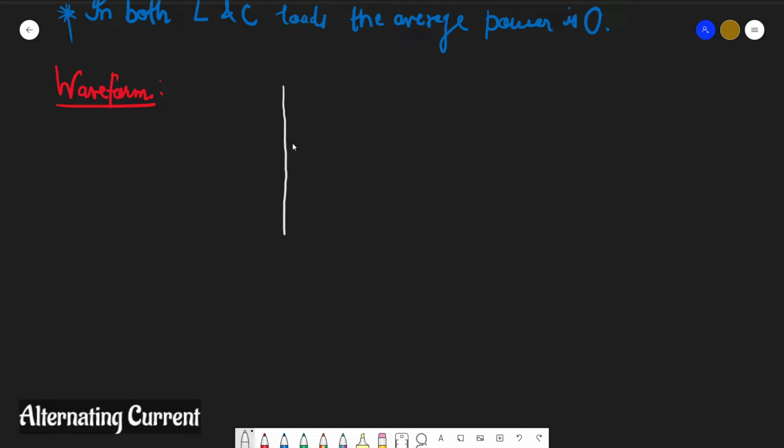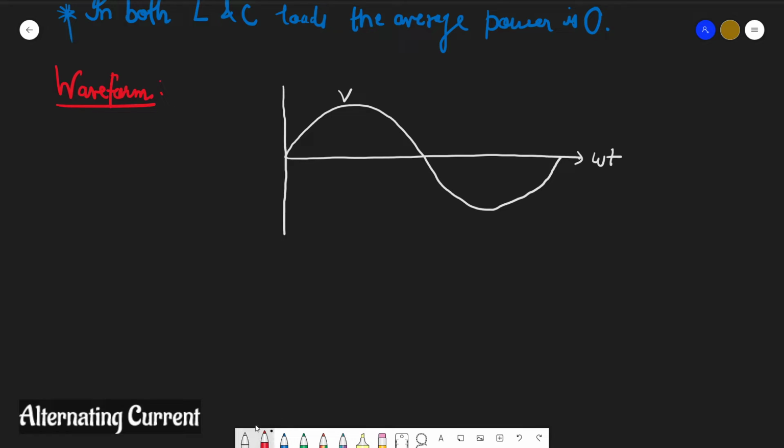If I take this as the vertical axis, this is your omega t axis. If I take the voltage like this, this white curve is nothing but the voltage curve. Similarly, on red, let us mark the important benchmark omega t points.